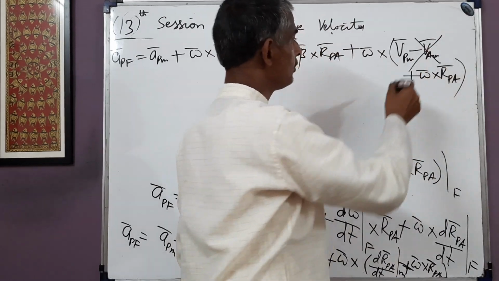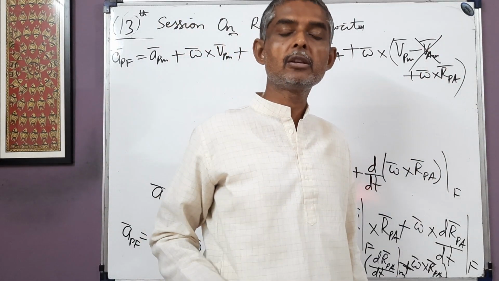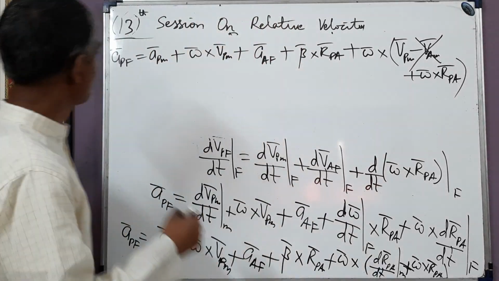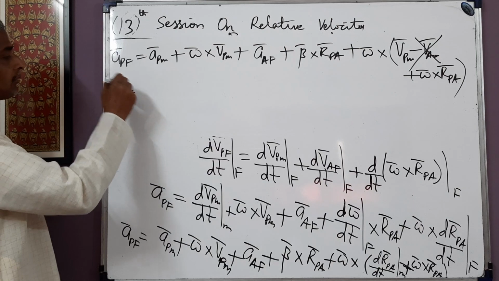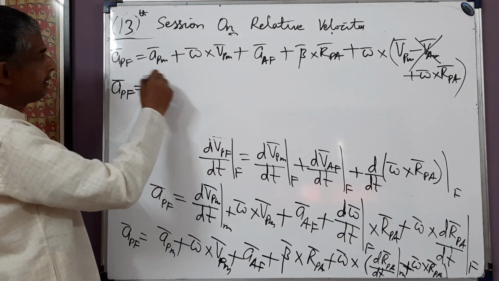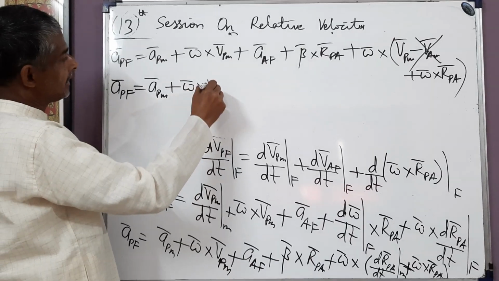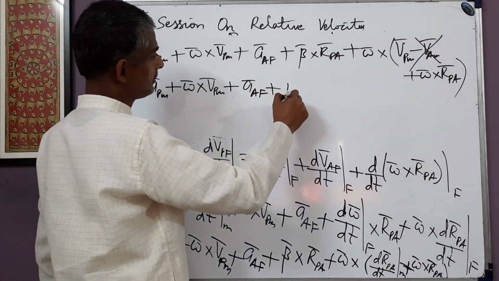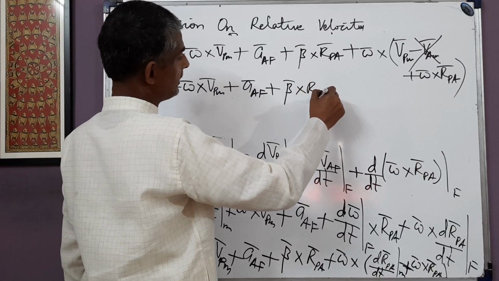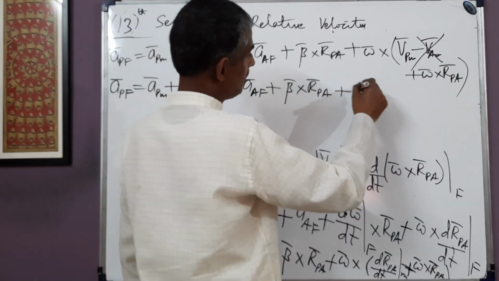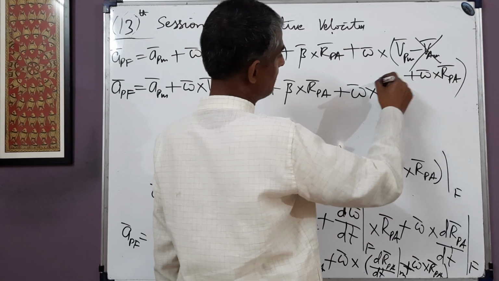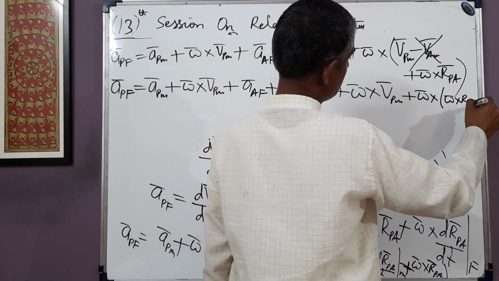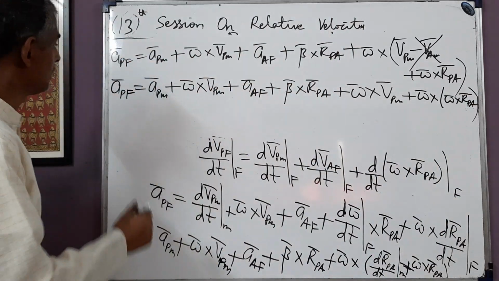Now VAM becomes 0 because point A is a real or imaginary location of M, so it is fixed with respect to M. So we get APF is equal to APM plus omega cross VPM plus AAF plus beta cross RPA plus omega cross VPM plus omega cross RPA.